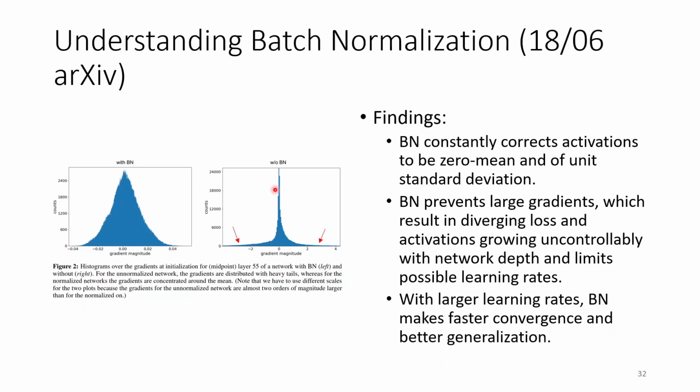But if you don't use batch normalization, like the original GoogLeNet, then you will have a heavy tail distribution. Most of them are concentrated at 0, but some of them will be very, very large values. Just because of the large gradient values, the optimization process will vibrate here, there, and elsewhere.